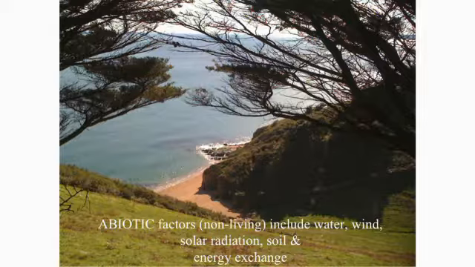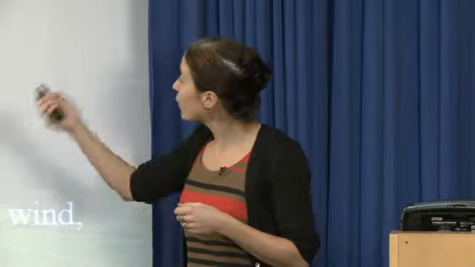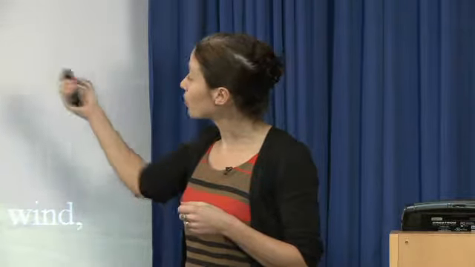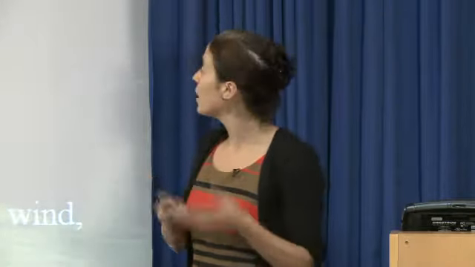And in the center of the photograph, you can see this rocky area, and that area is likely to be exposed to more salt water and potentially wind than these two grassland areas. And the key point is that the environmental conditions that are present in these three areas will suit some populations of some species, but not others.